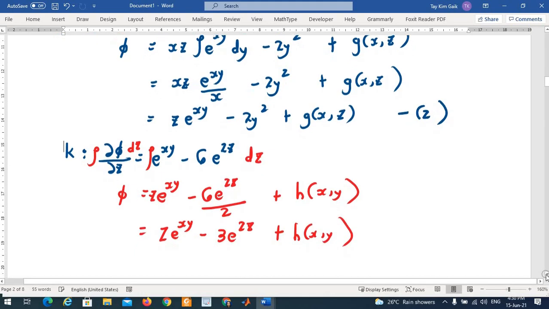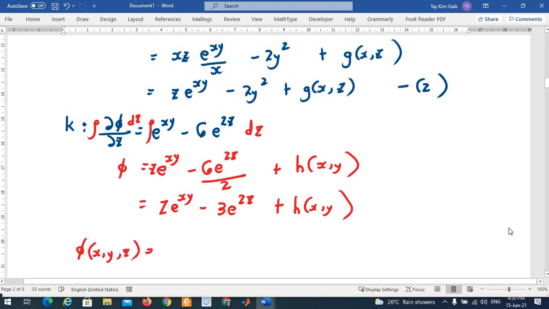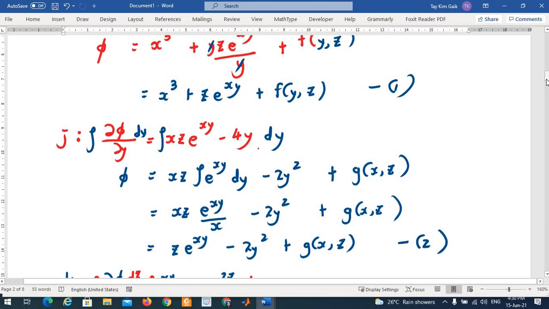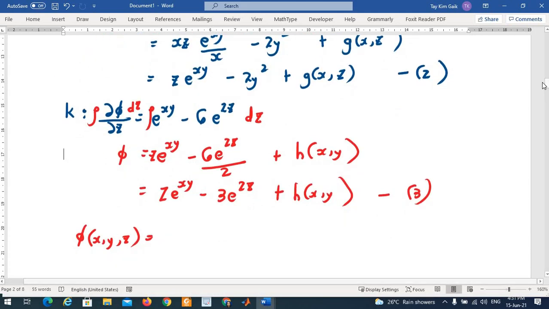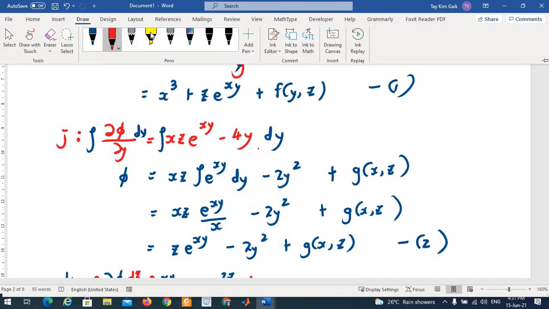The easiest way to combine them to get phi, the function of x, y, z, is to start from equation 1. You take the terms from equation 1: x cubed plus z e^(xy).